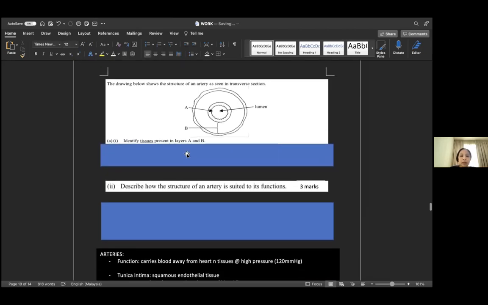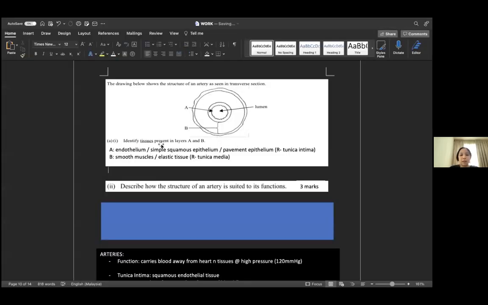So identify tissues present in layer A and B. Does anyone want to try this? They're talking about tissues, so you can't write cells.